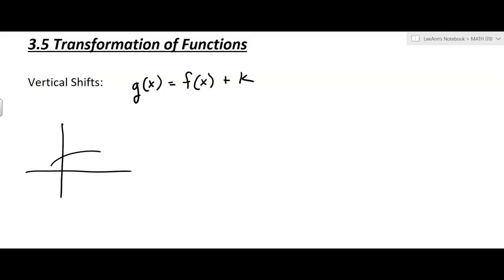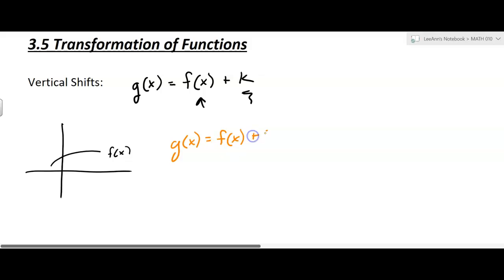Well then, what you're doing is you're taking all the outputs and you're adding some number to them. So let's say you had, call this f of x, and let's say g of x is equal to f of x plus 2. So what that means is every output is going to move up 2 units.